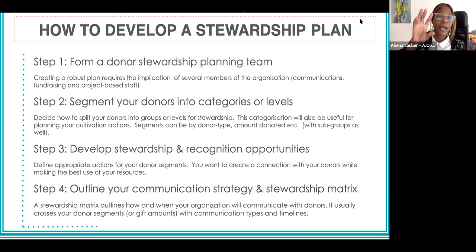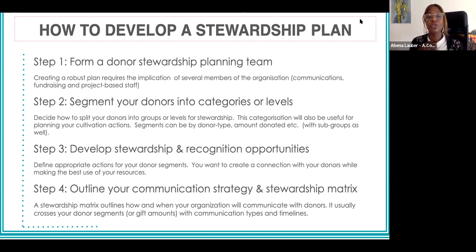So it could be major donors, or foundations and corporate donors, or everybody that gives X amount, or you could have a major donor category and then within it, 2-3 sub-levels. I would say everybody that gave up to 5,000, I'll do this. Everybody that gave 5,000 and up, I'll do that. This is part of a strategy. You need to spend time. The more time you spend to do it clearly, the more efficient it will be.